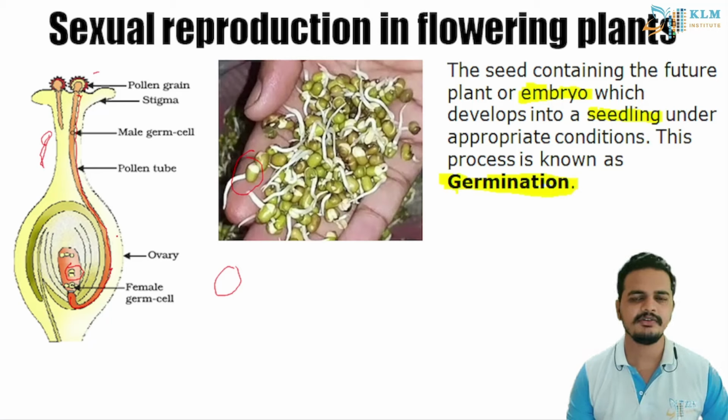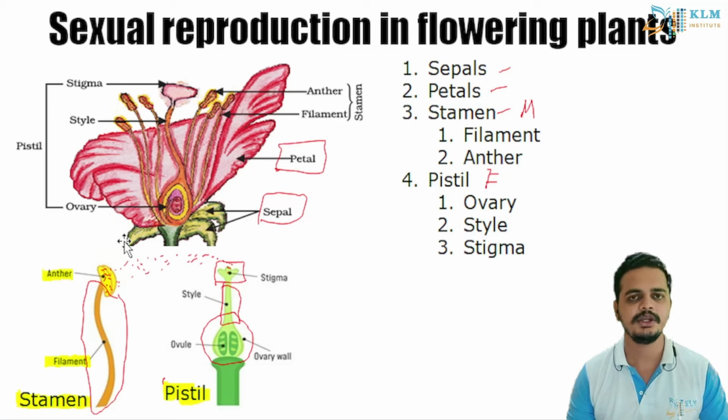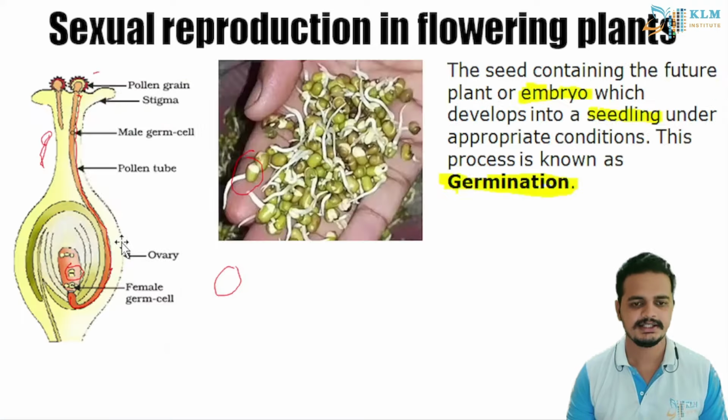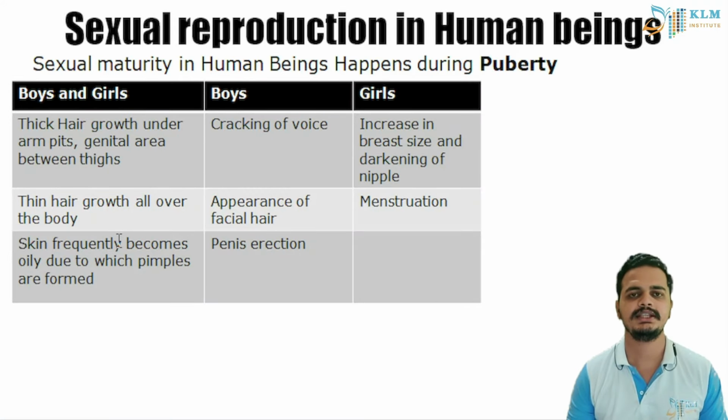Just like we see the plant, if a flower is there, it is representing the reproductive phase of a plant. That is, if a flower is there, it can reproduce to form a zygote or a seed. Just like that, we will see in humans that we reach sexual maturity at some age during our teens.